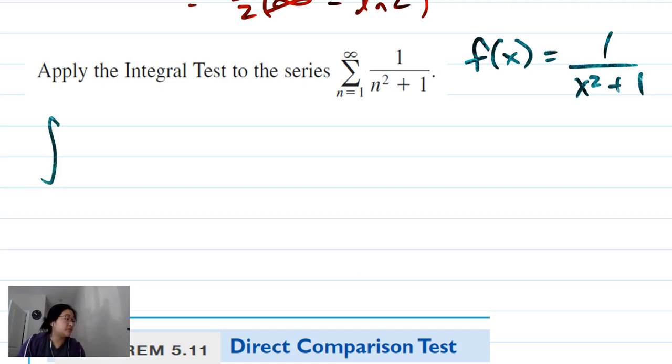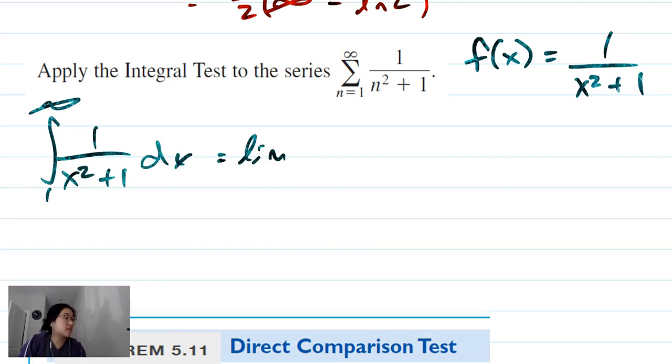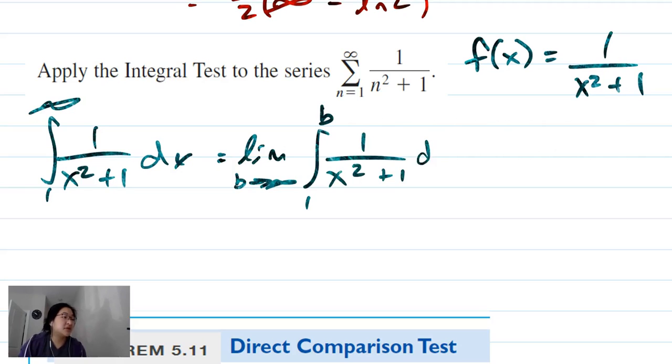We get integral 1 to infinity, because we don't have the b yet, of 1 over x squared plus 1 dx, and that's going to give us limit as b approaches infinity of the integral from 1 to b of this 1 over x squared plus 1 with respect to x. And what's that going to give us?